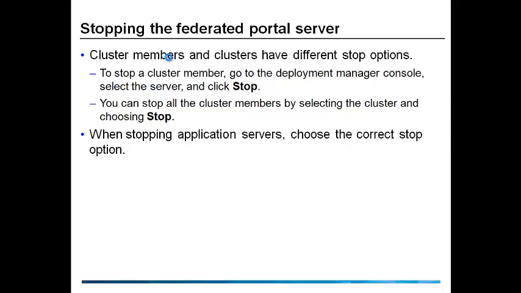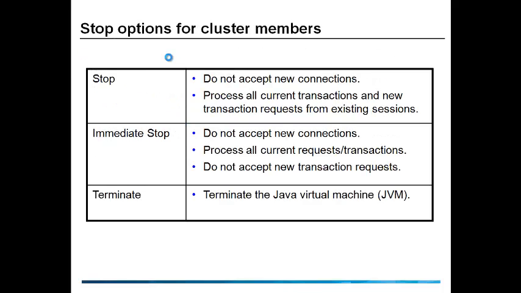So, stopping the federated portal server. Similarly, when stopping application servers, choose the correct stop option. You can do it from the deployment manager console, select the particular server and stop, or you can stop all the members at a time by going to the cluster stop option. Stop again consists of three types: stop, immediate stop, and terminate.